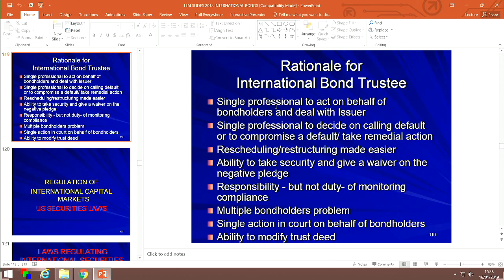But in practice, let me give you the practical side as well. A trustee entering into a restructuring with a defaulting issuer won't agree anything finally with the issuer unless it goes to the bondholders and requires them to pass an extraordinary general resolution saying, I agree with the trustee's proposal. Clear, and you're home and dry. Otherwise, you are open to exactly what I've just said, the extraordinary general resolution procedure whereby the bondholders can override the decision of the trustee with a 2/3 bondholder vote.